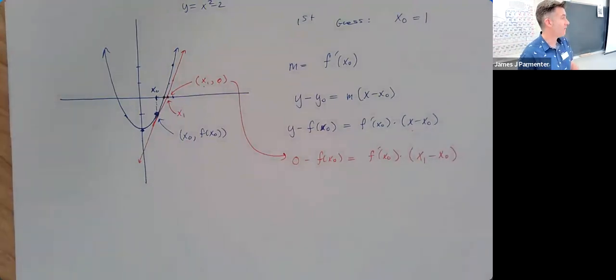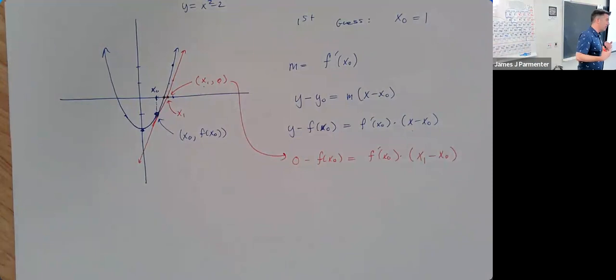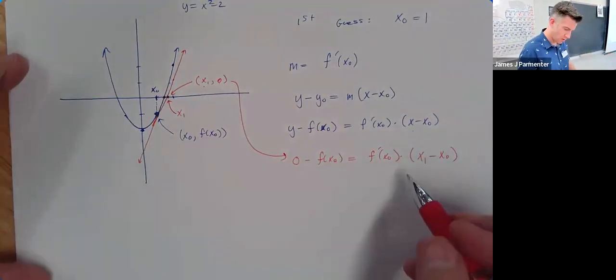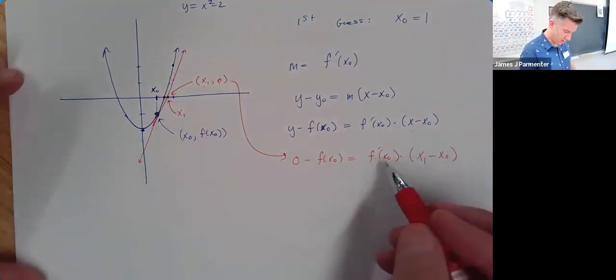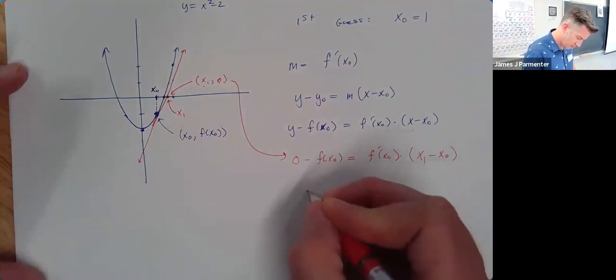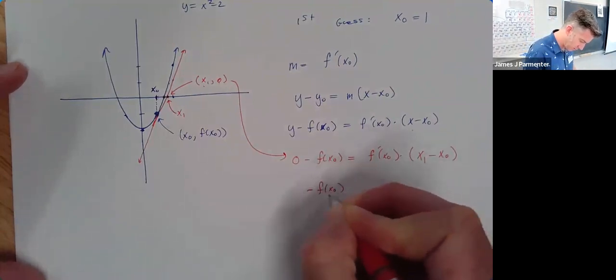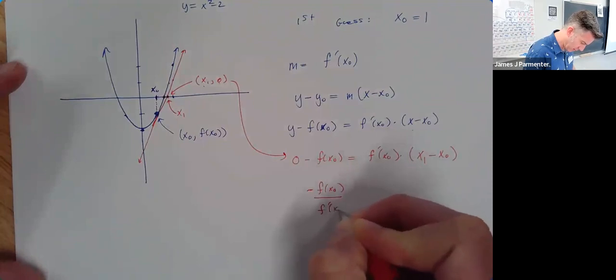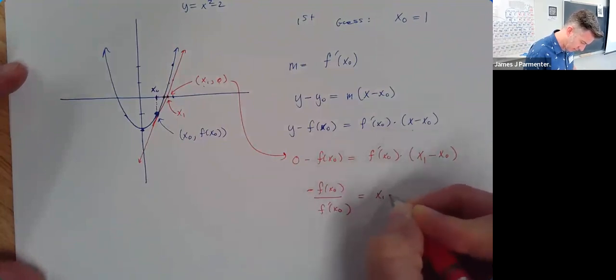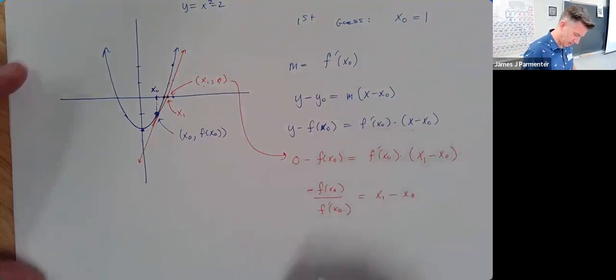And now we're going to solve for x1 because we're trying to get from our initial guess of x naught to our next guess of x1. So solving for x1, I'm going to divide both sides by f prime. So I have negative f of x naught divided by f prime of x naught equal to x1 minus x naught. And I'm going to add x naught.